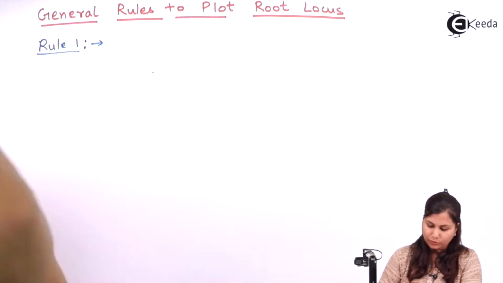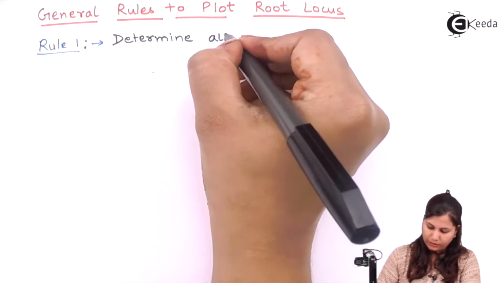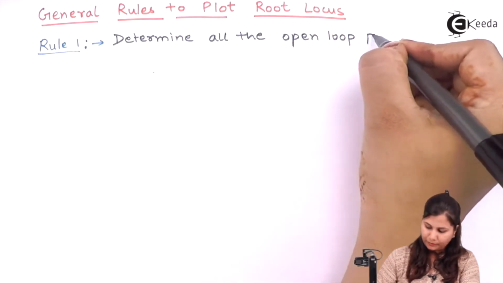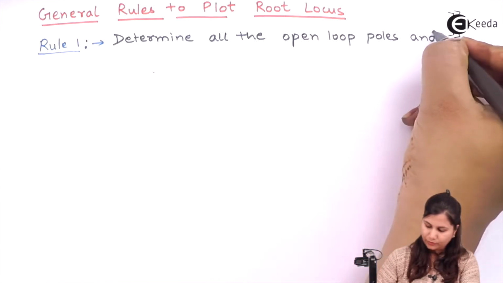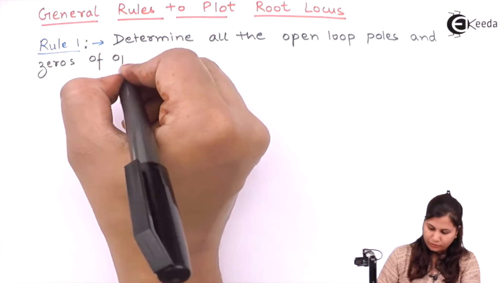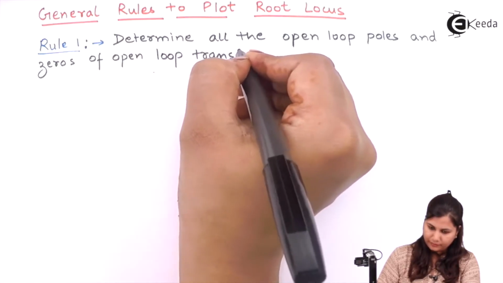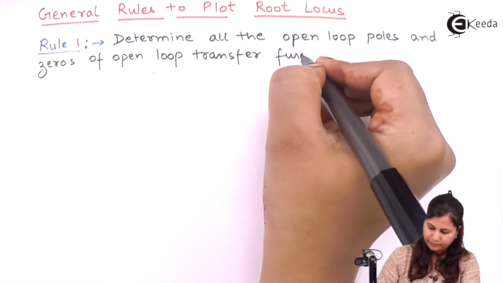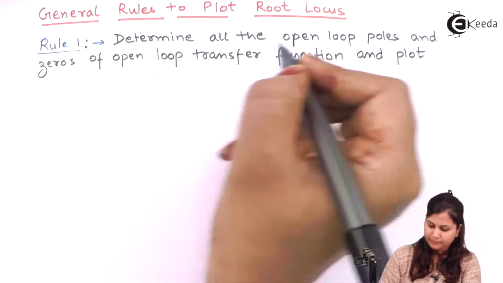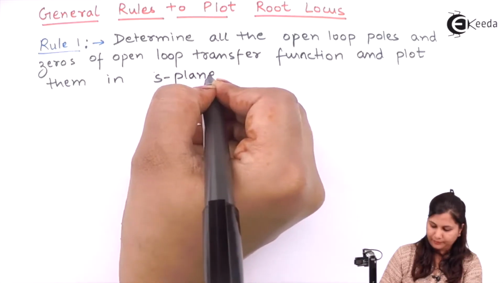So the first step is to determine all the open loop poles and zeros of the open loop transfer function and plot them in the S-plane.